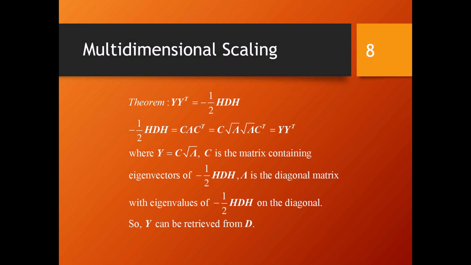Whenever I say top k largest eigenvector, I mean choose the eigenvector corresponding to the top largest eigenvalue. In short, I call it top k largest eigenvector.